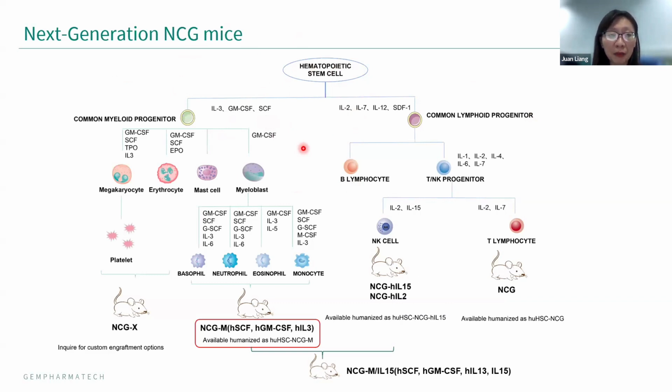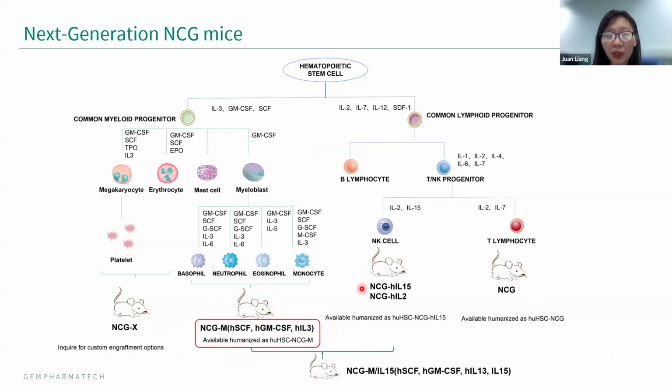As shown here, we have generated this NCGM mouse strain. This strain can express human SCF, GM-CSF, and IL-3. Those three cytokines can support myeloid cell differentiation and establish monocytes, macrophages, and also DC cells in this mouse strain.